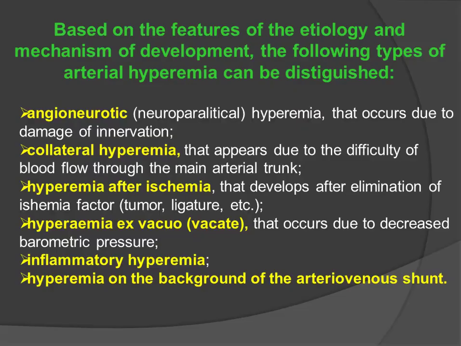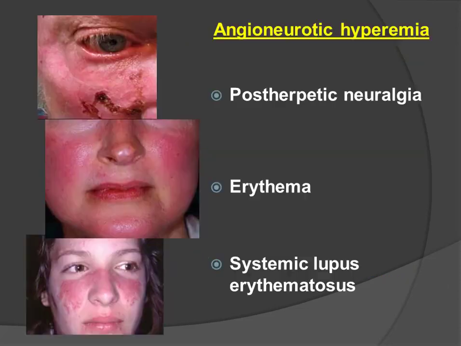There are 6 main types of local pathological arterial hyperemia: angioneurotic hyperemia, collateral hyperemia, vacuum hyperemia, hyperemia after ischemia, hyperemia due to arteriovenous fistula, and inflammatory hyperemia.